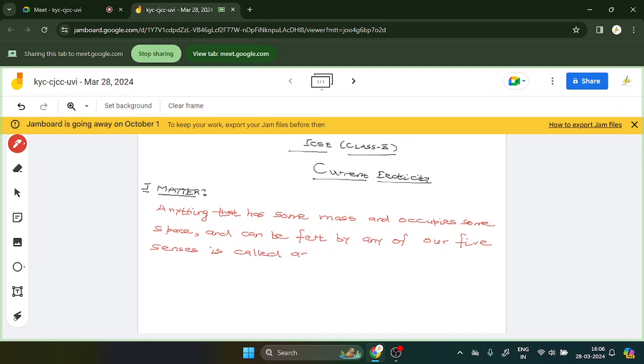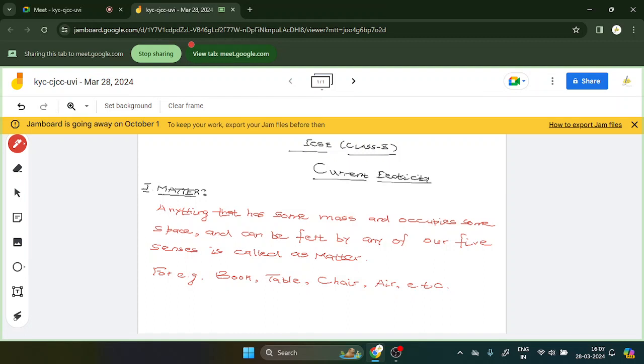Let me give you one example for matter. For example, the book which you are seeing, the laptop which you are seeing right now, book, table, chair, air, etc. What are all these? These are matter. The book is occupying some space, it has some mass, right?